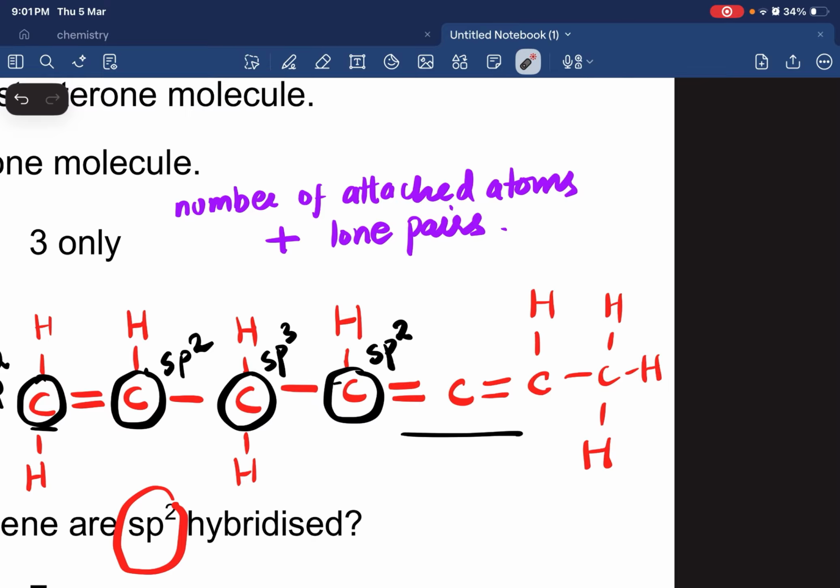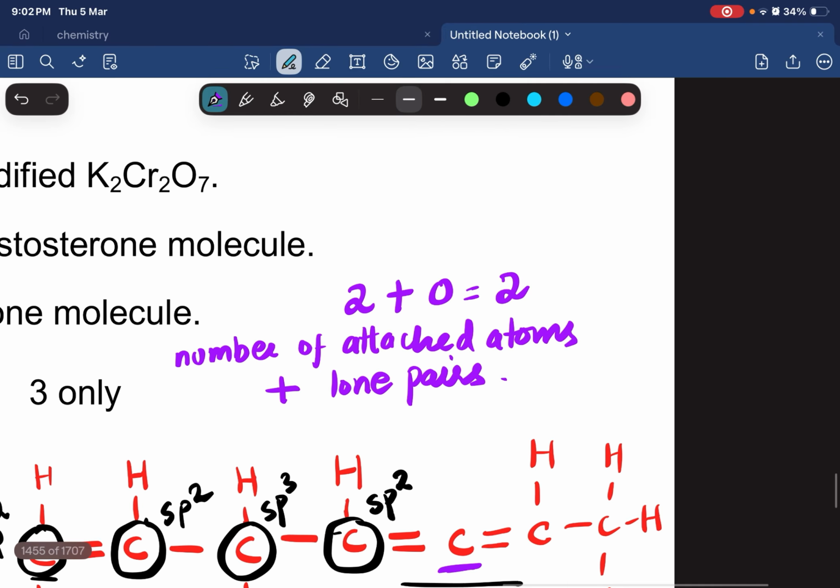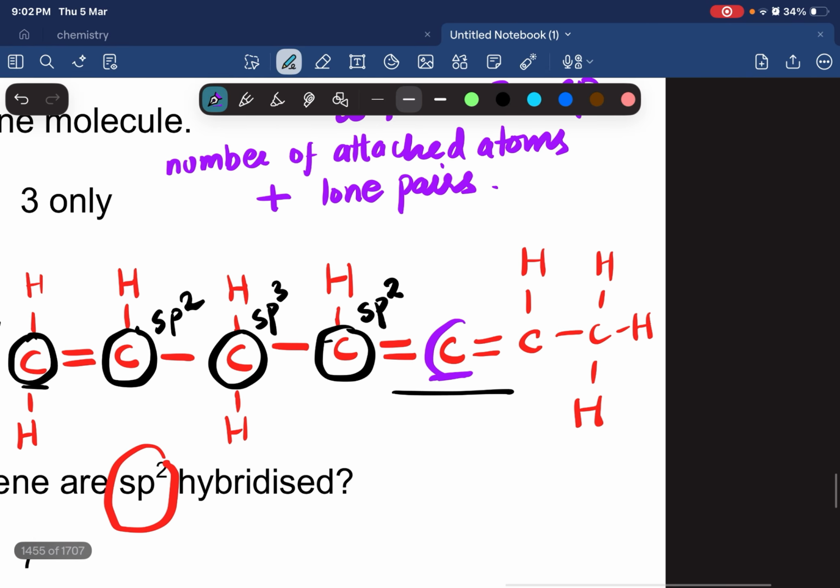So how many atoms are attached to this carbon? One atom and two atoms. So the number of attached atoms is 2, plus how many lone pairs do we have? We have 0 lone pairs for this carbon. So 2 plus 0 equals 2. That means two orbitals are going to be involved in hybridization. One is going to be an s orbital, the other one's going to be a p orbital. So this carbon atom is sp hybridized.